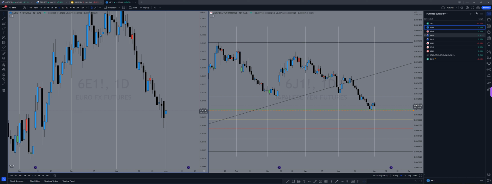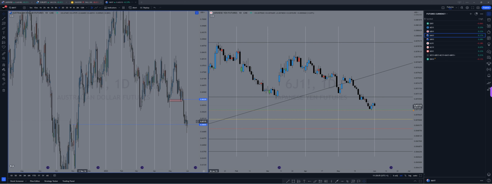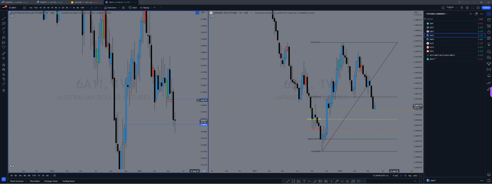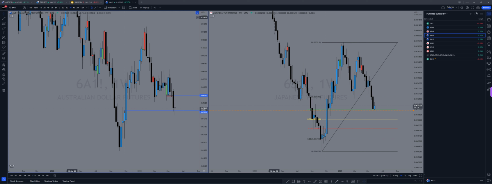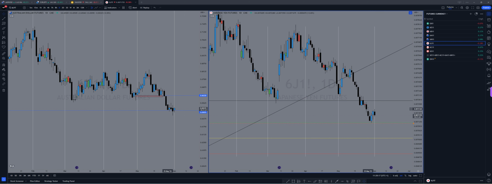So another example would be why I'm buying Aussie yen today, actually yesterday, right? If you look at Aussie, that also traded to a PD array over here, weekly rebalancing, yeah, okay, and then as it did that, right, I forecasted that this was going to trade up here and then reject and resume going lower. It's not ready to turn around.